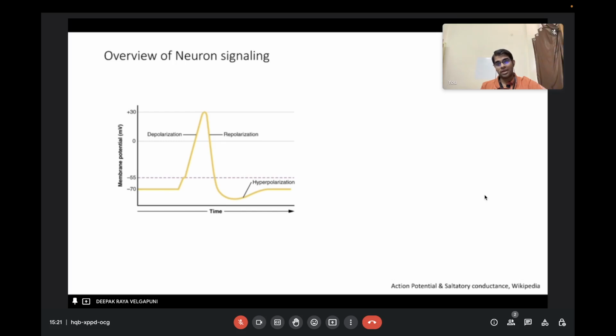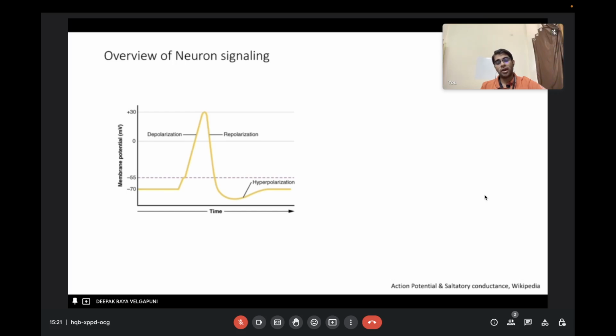Neurons are electrically active. At rest they have a negative potential, which is maintained at minus 70 millivolts through various mechanisms. The main one is called the sodium potassium pump, which we'll deal with in the next class. As the cell receives more and more current, the voltage rises, and once it reaches a threshold voltage, it increases rapidly until a final point like 30 millivolts.